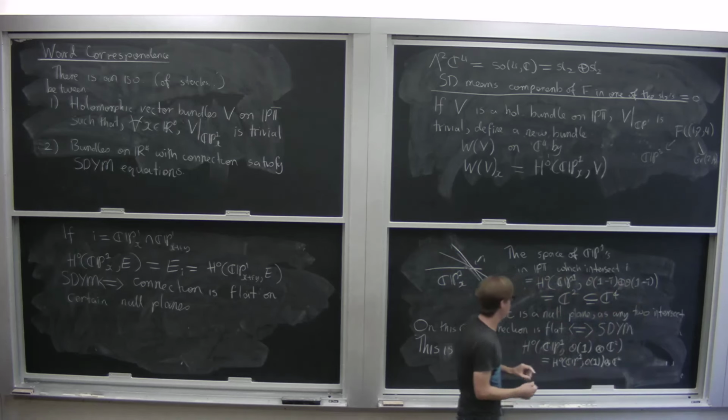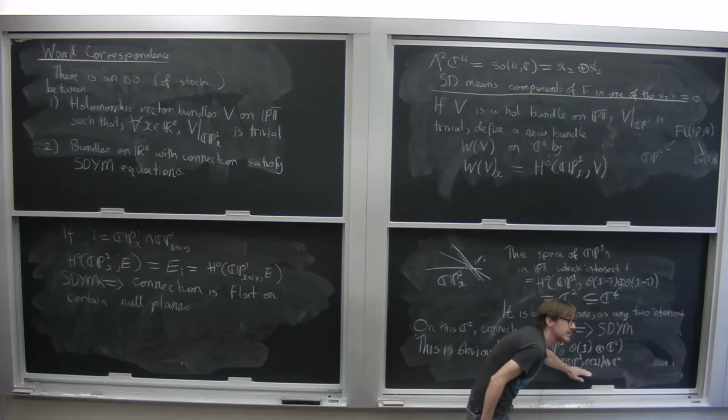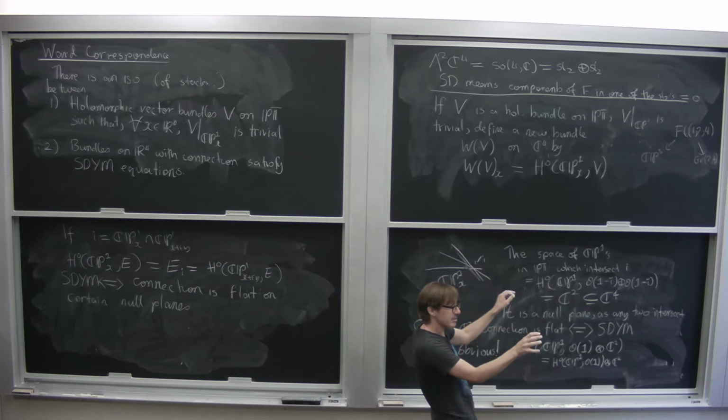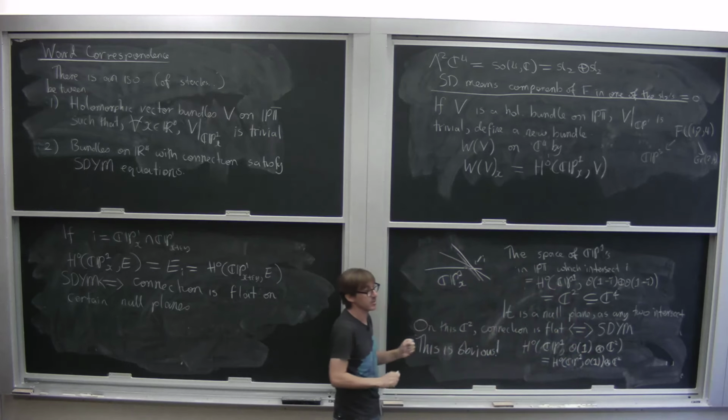And these null planes are somehow associated with the lines in here, whereas the other ones are associated with lines in here. In fact, I should have said this in the beginning. How do I get null planes? C4 is C2 times C2. It's a tensor product of two symplectic vector spaces. And a null plane can be Lagrangian tensor symplectic or symplectic tensor Lagrangian. Those are the two components.